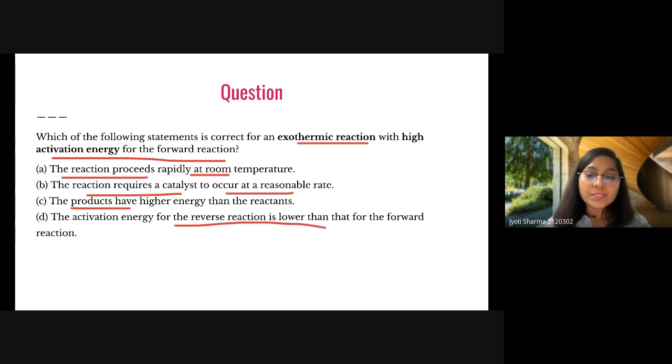So what do you think? Which statement is correct for the exothermic reaction with high activation energy?